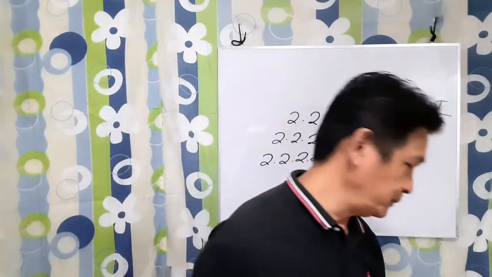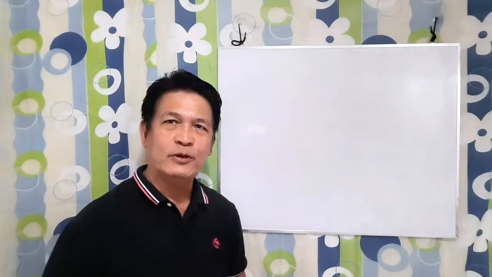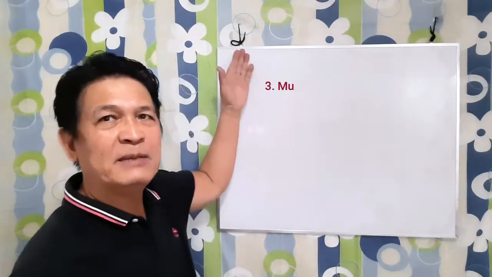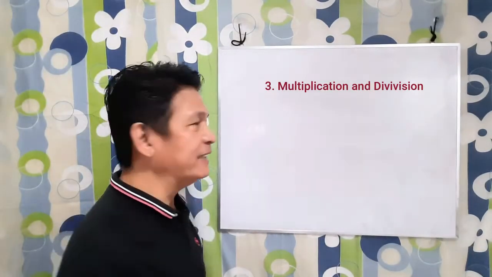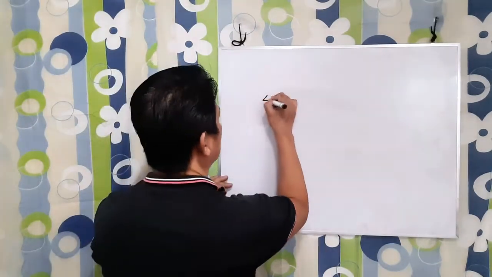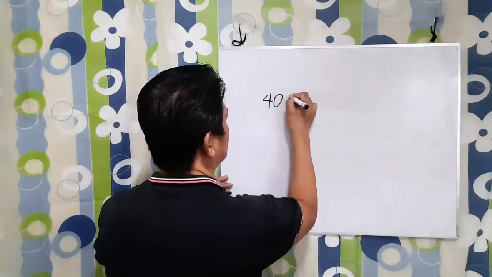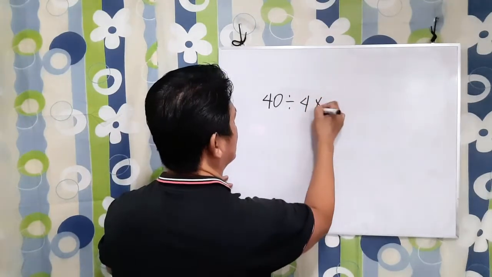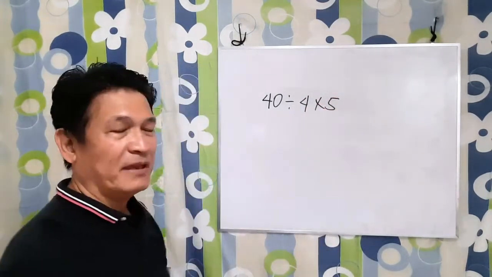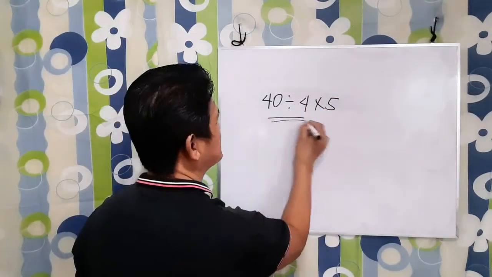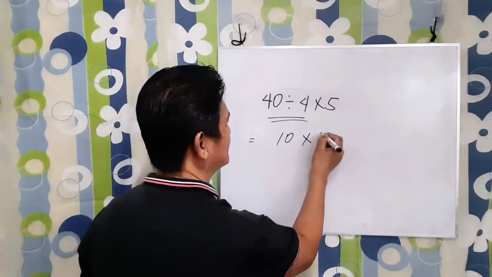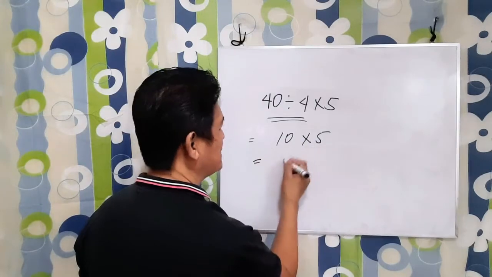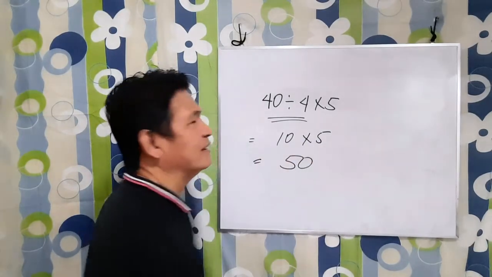So that's number 2. Number 3 in the order of operations is multiplication and division. So what if you are given a certain problem to solve, that is 40 divided by 4 times 5? Maybe you will say, divide this first, that is 10, and then times 5. 10 times 5 is 50.